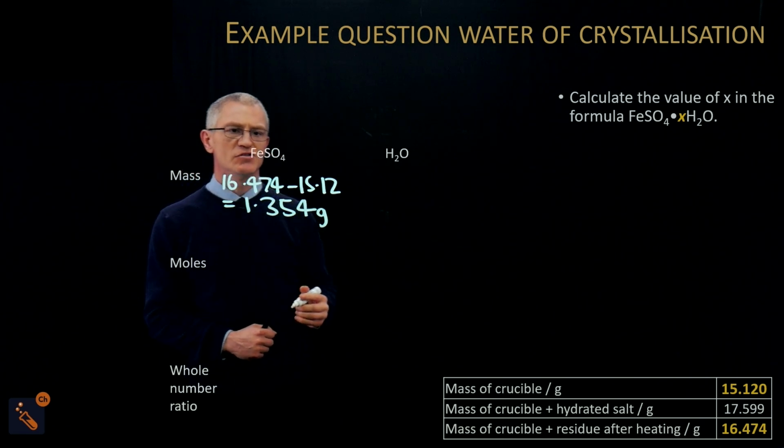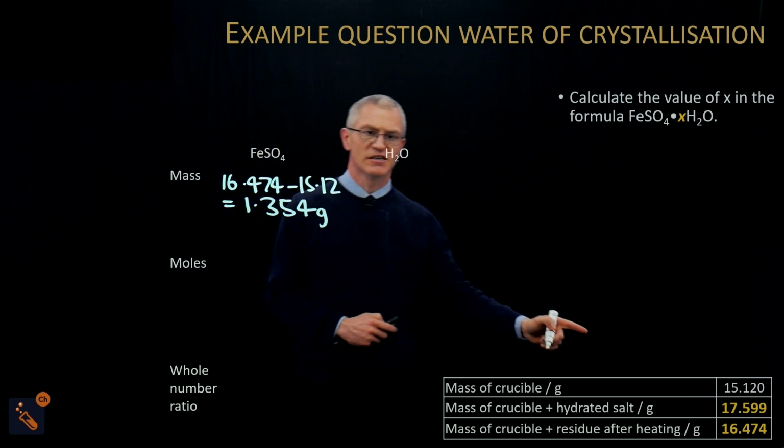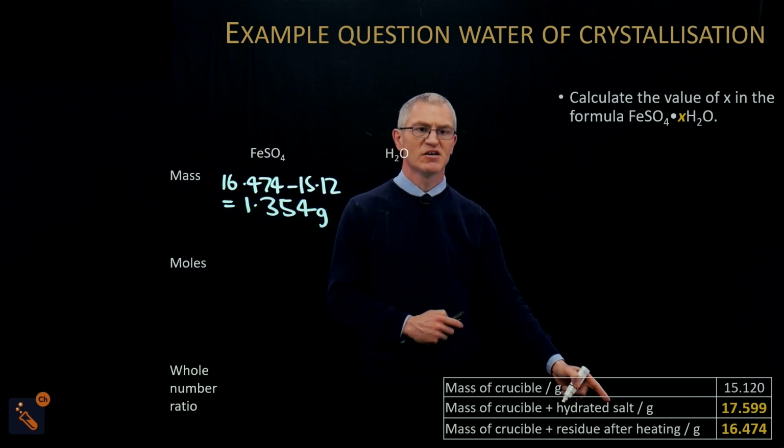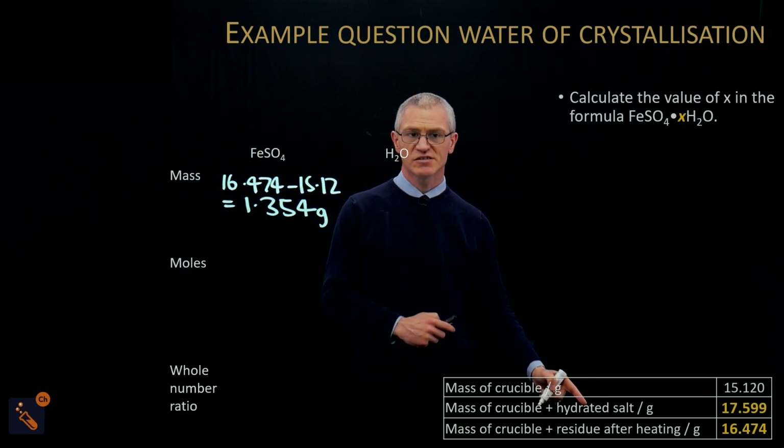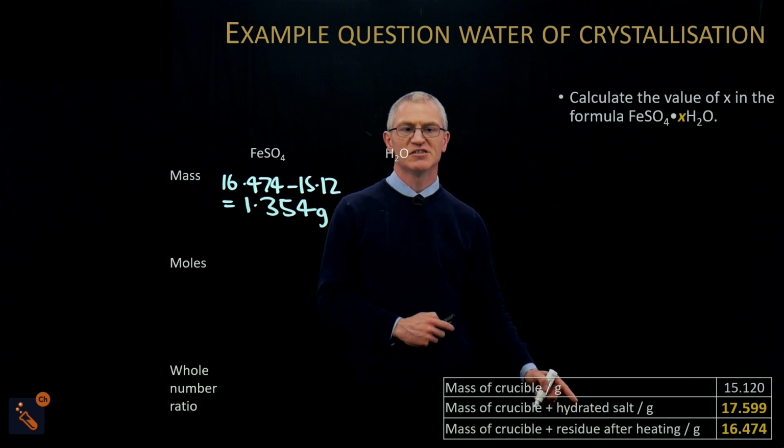Now we do the water, and we'll see we're changing our highlighting down here. This time we're highlighting the mass of the crucible plus the hydrated salt and the mass of the crucible plus the residue. The difference between these two numbers is the water.